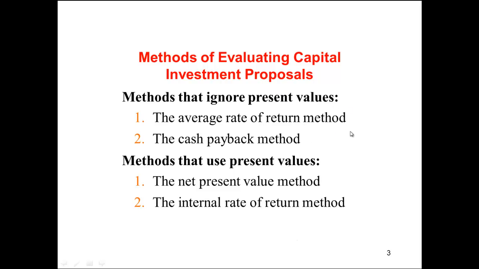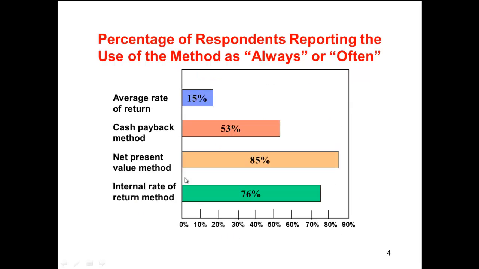So we might use these first 2 as a fast way to screen a proposal to see if it looks like it's going to work for us or not. And once we get a little more serious about it, then we might take the time to look through these 2 methods here.